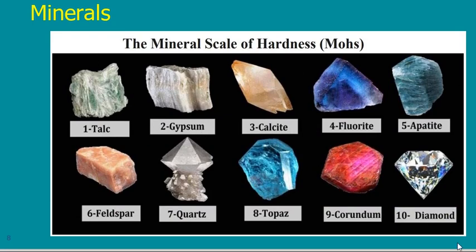This is another presentation. This is the scale for all minerals. This is diamond, number 10, and this is 1, talc. And in between all the other materials. Starting from here, quartz is good.